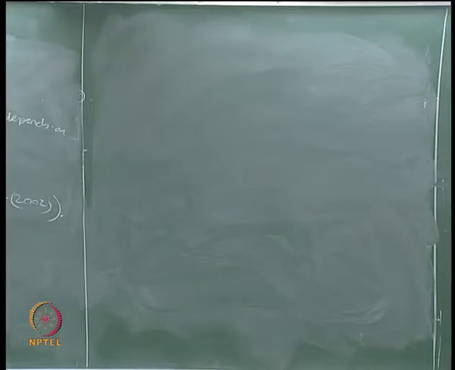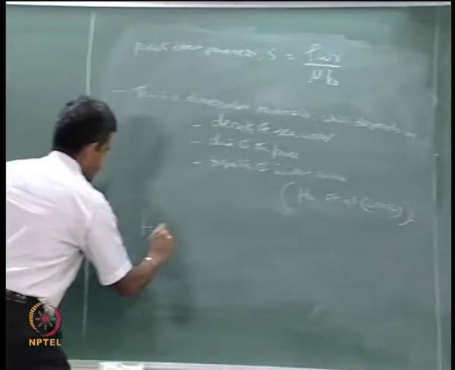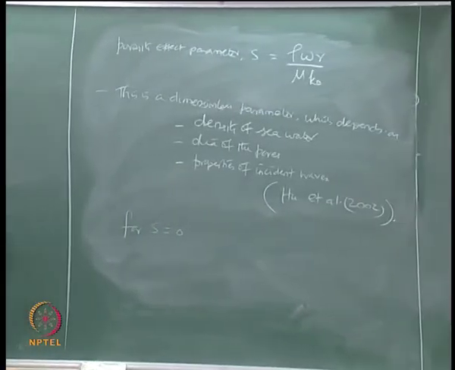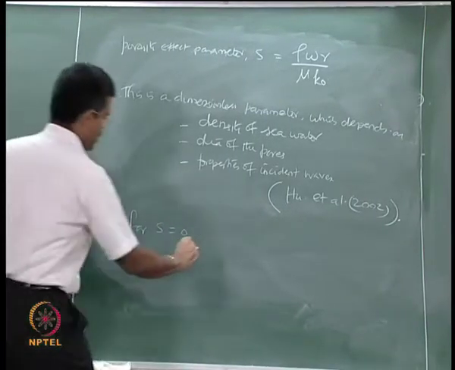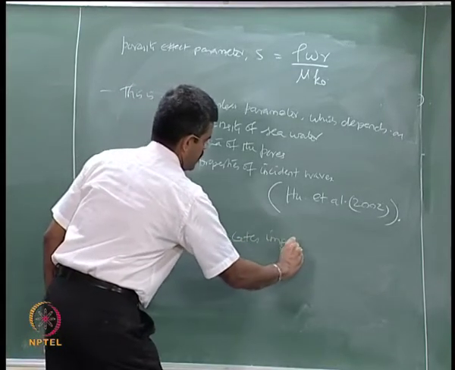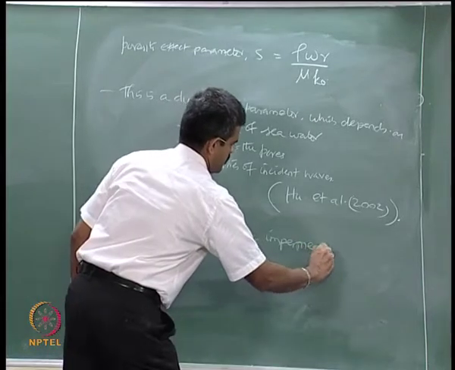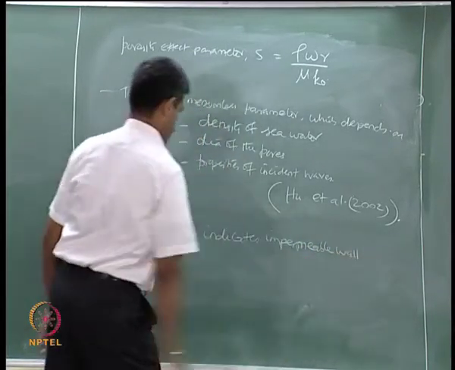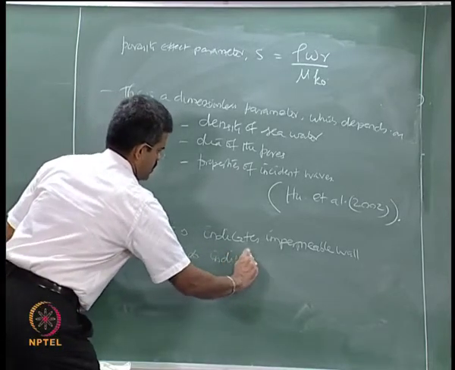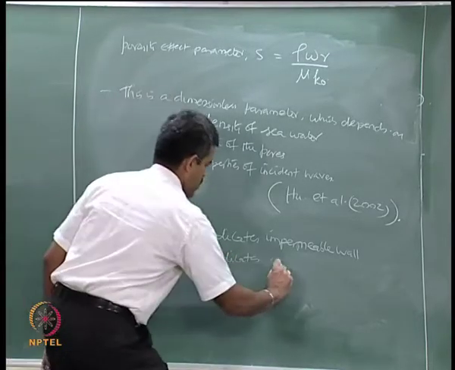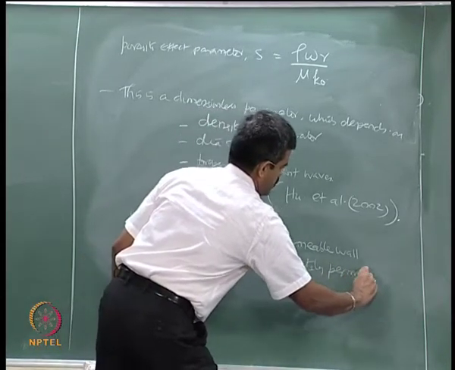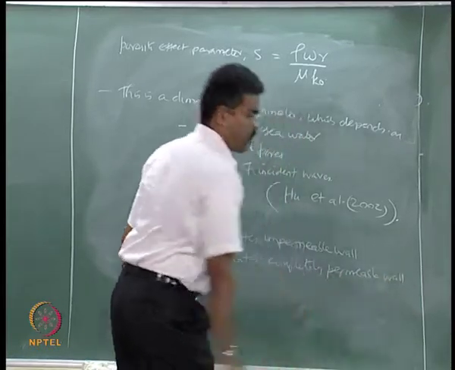Then the porosity effect parameter S, for S becomes 0, indicates impermeable wall, okay, and S equals infinity indicates completely permeable wall, that is wall does not exist.